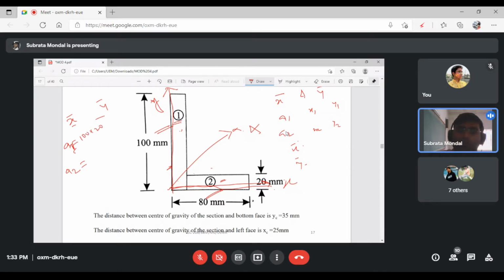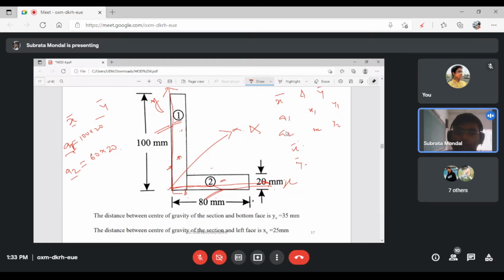For area 2, what will that be? Look here, the total length is 80, but already 20 is considered for figure 1, so the remaining is 60. So it will be 60 into 20, right? Is that clear to you or not? Yes, sir. So area 1 and area 2 we can calculate.